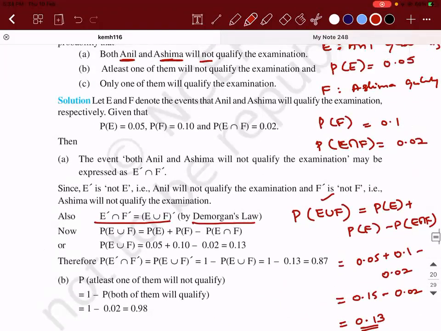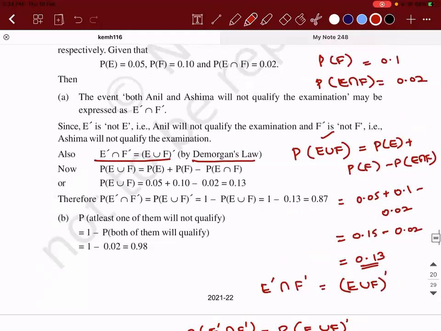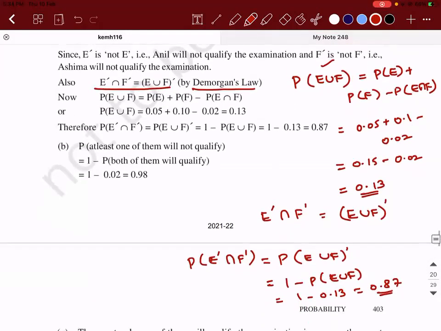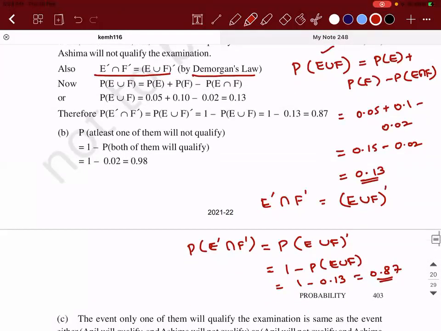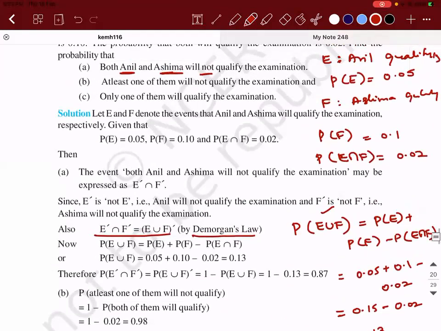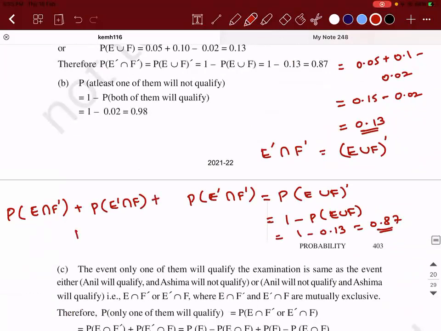Similarly, at least one of them will not qualify the examination. So the probability that E will qualify and F will not qualify, or the probability that E will not qualify and F will qualify, plus the probability of both of them not qualifying.